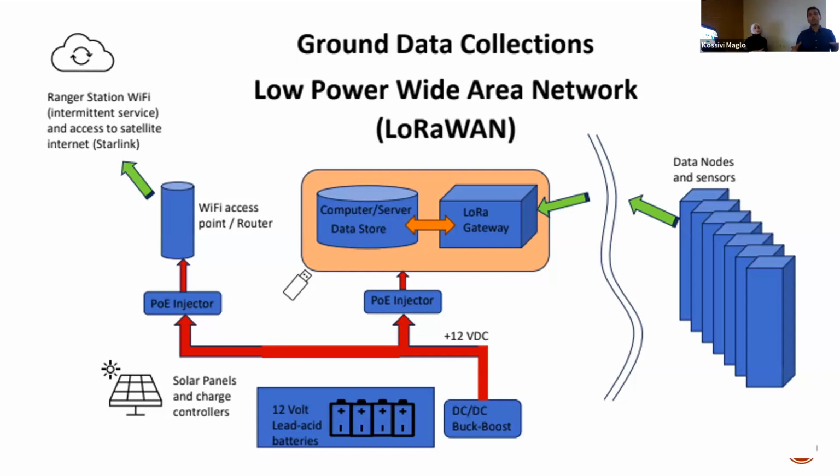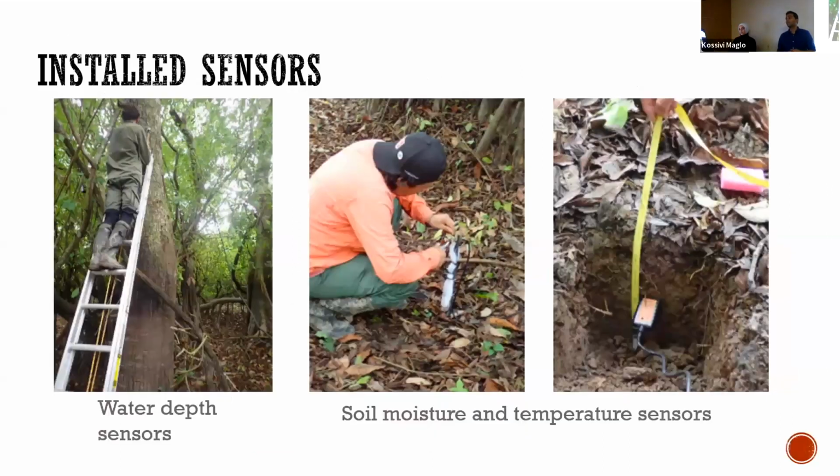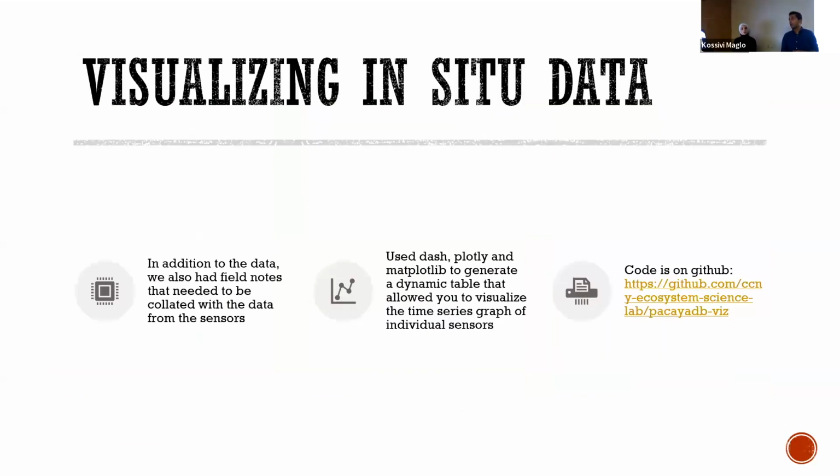It writes to a local database on the server and then periodically uploads this data to an AWS bucket for us to access using Starlink. This is just a picture to give you a little bit of an idea. We have water depth sensors, some mounted on trees and some in the river. There's no picture of that, but we also have soil moisture and temperature sensors that are installed either on the ground or under it.